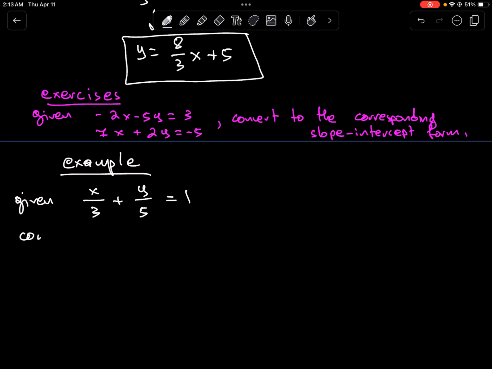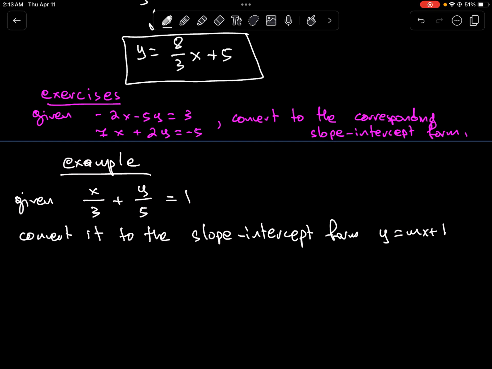Given this, convert it to the slope-intercept form, and I should know that this is y equals mx plus b. Let's do the solution without a graphing calculator.